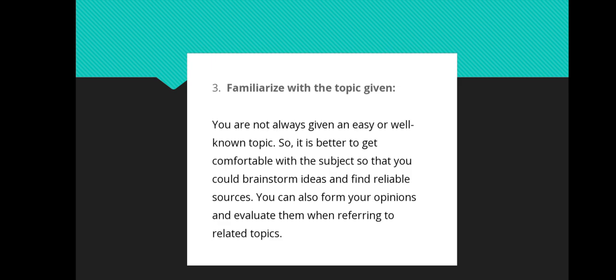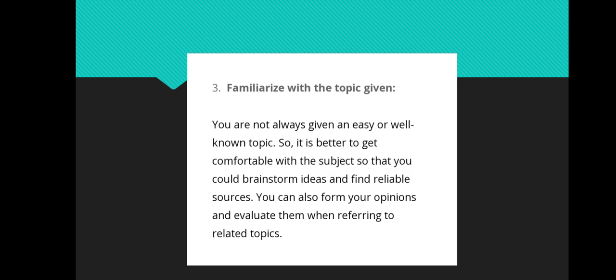So you should be familiar with the topic in composition. If you cannot understand the topic, please try to learn vocabularies. I'm saying again, it is important. Or else you can flip your composition, which means you can switch to the next composition if you understand the next one. You will not always be given a known topic, so it is better to get comfortable with the subject so that you can brainstorm ideas and find reliable sources.